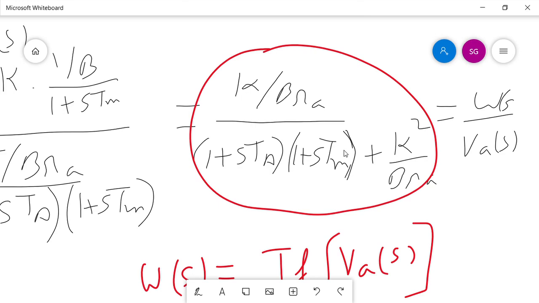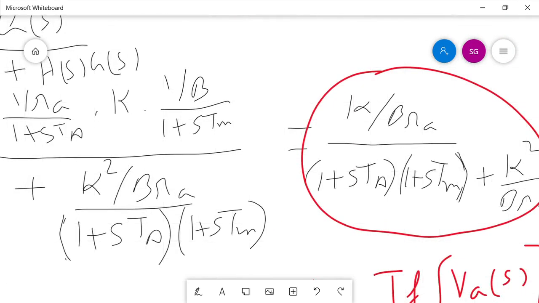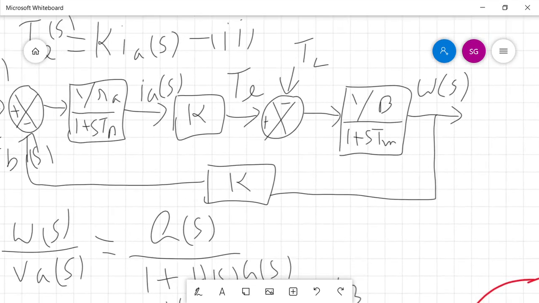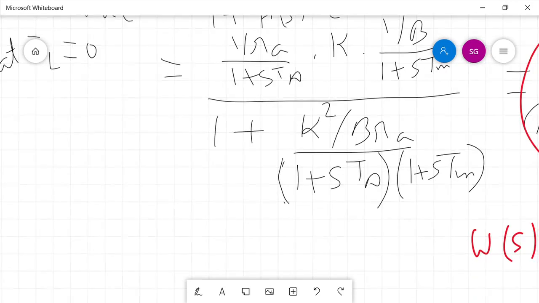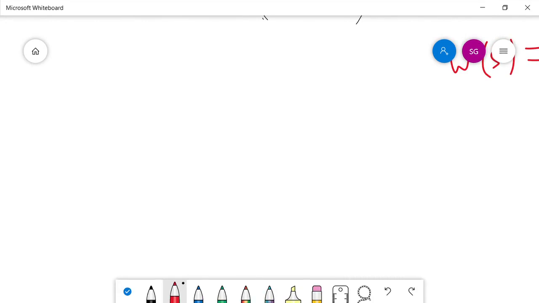So this is exactly the transfer function equation. This is the mathematical modeling of your DC motor. Now this whole block diagram could be represented by a single value.